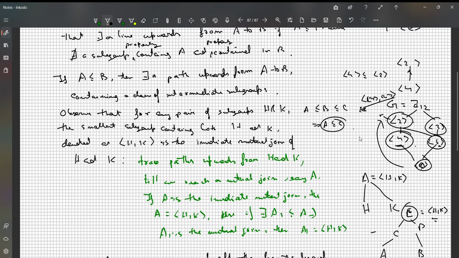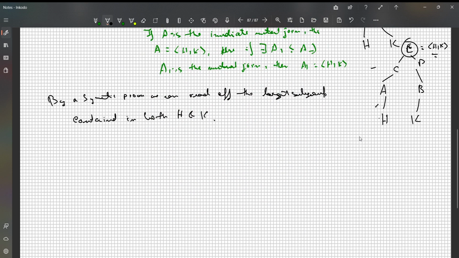Okay, so let us come up with this example. Let me just write it once more. So you had Z12, so it's 1, then you have here 2, you have here 3, then you have here 4, 6. So what is the largest subgroup contained in 2 and 3?